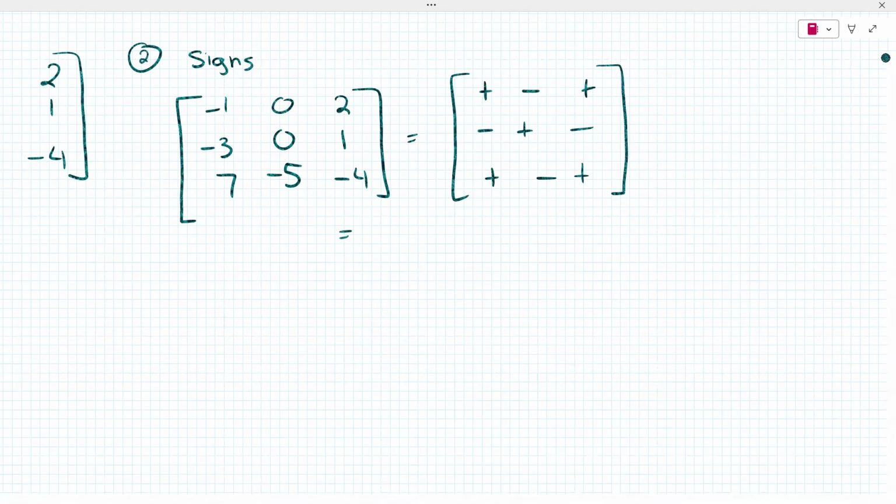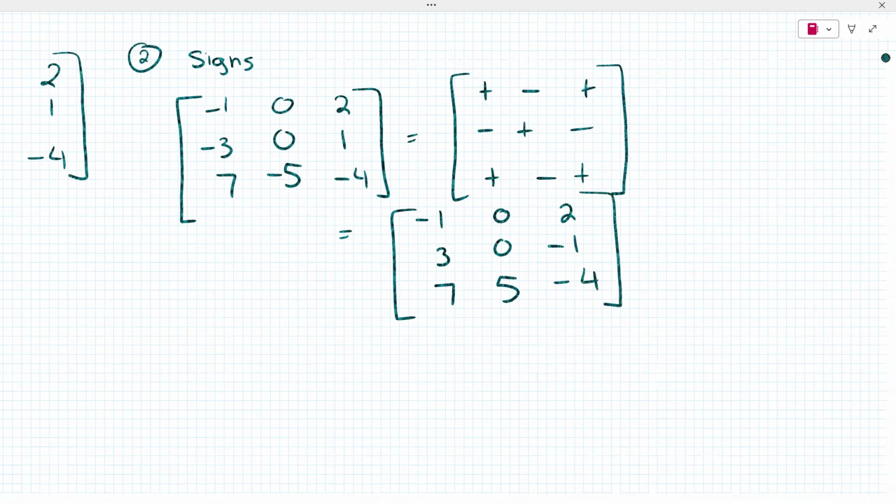So now you get this new matrix. So -1 still becomes -1. -3, you had an extra minus, so it's +3. 7 becomes positive. 0, 0, 5. 2, -1, -4. Okay, so that's step 2.